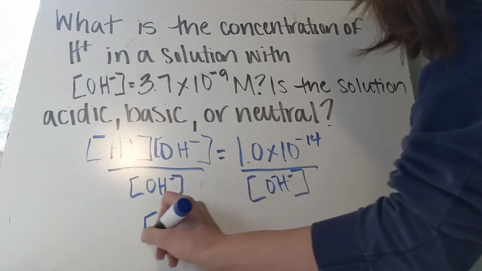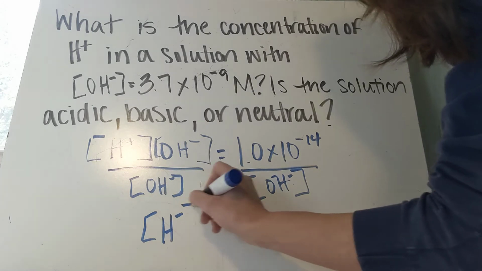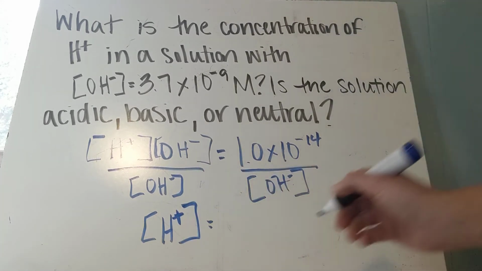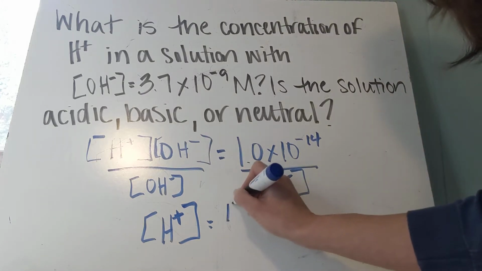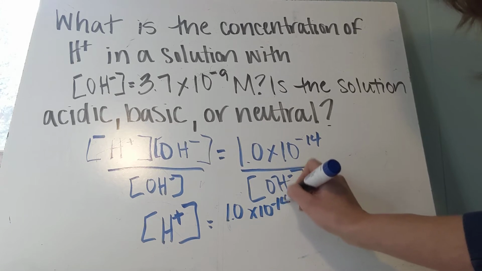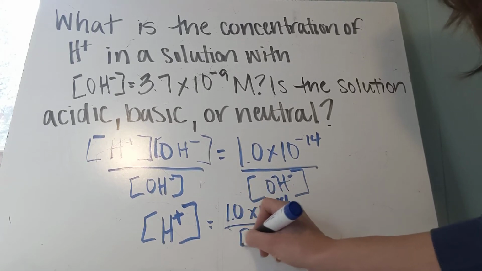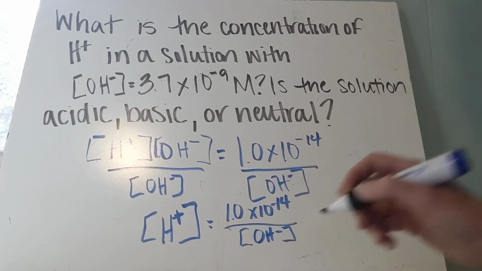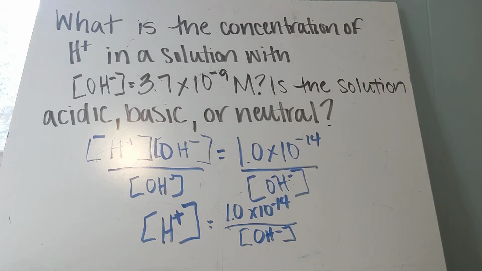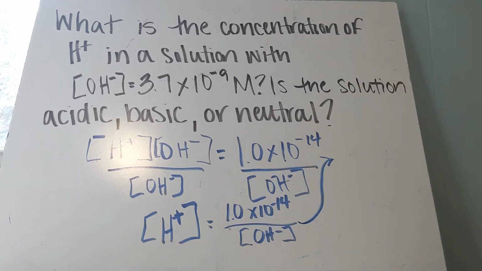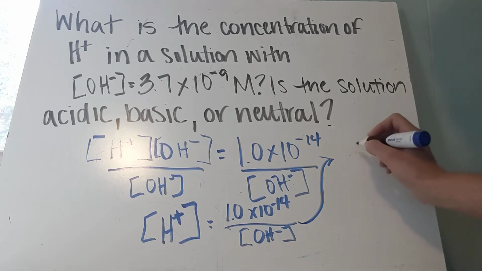All right, so now I have the equation: 1.0 times 10 to the negative 14th divided by the concentration of OH minus is equal to H plus. And I'm going to come up here and actually do that.